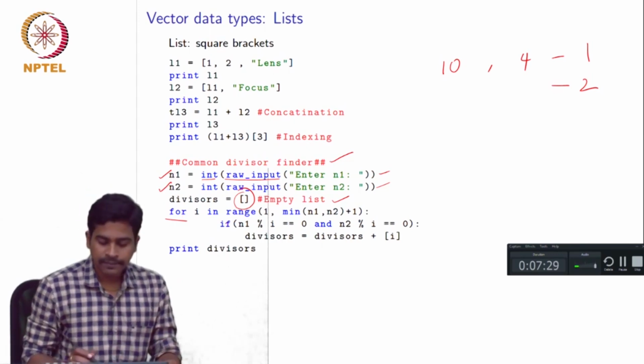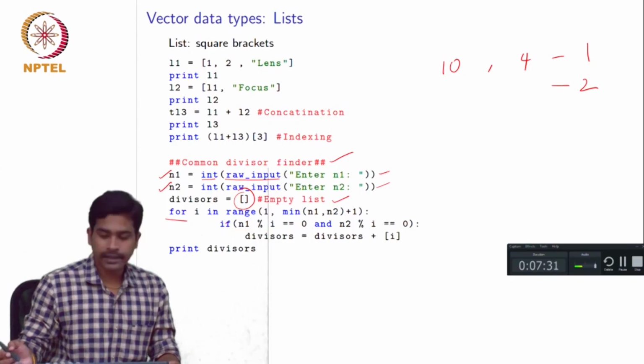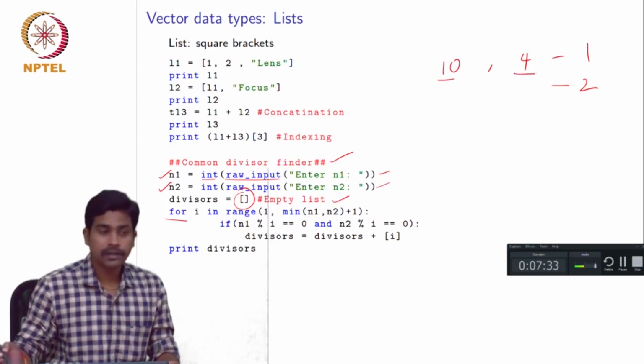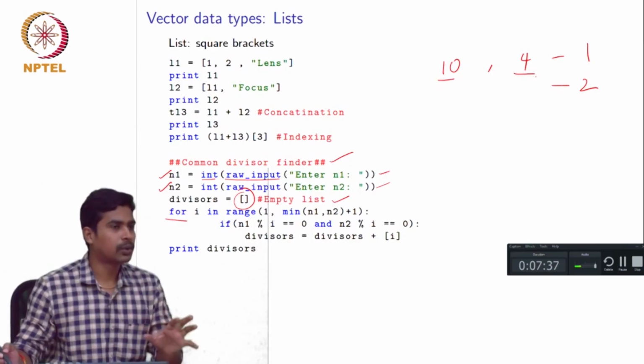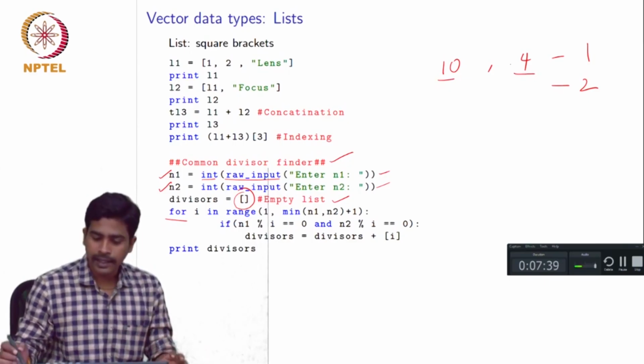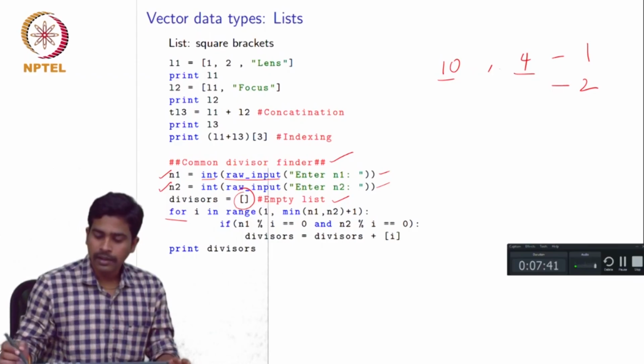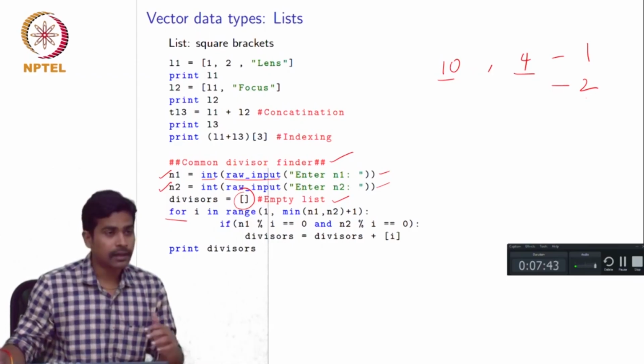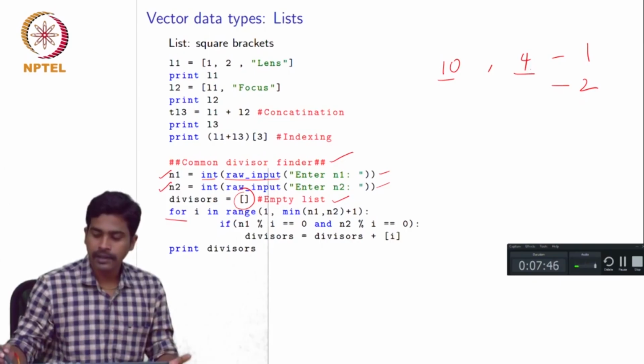So the algorithm is, obviously if there are two numbers, the common divisor cannot be larger than the smaller of the two numbers, right? So in this case, for example, the largest common divisor is always less than or equal to the smallest number of these two.